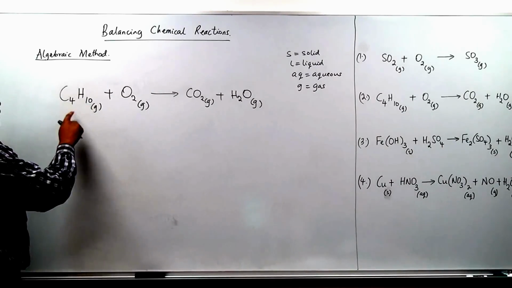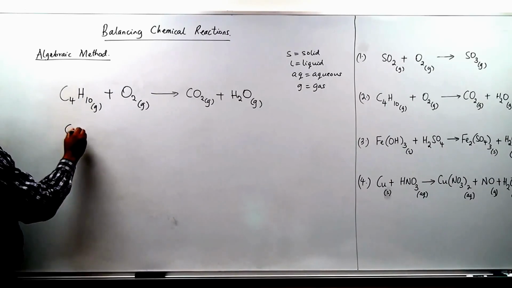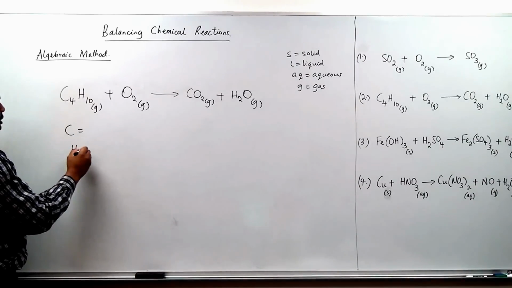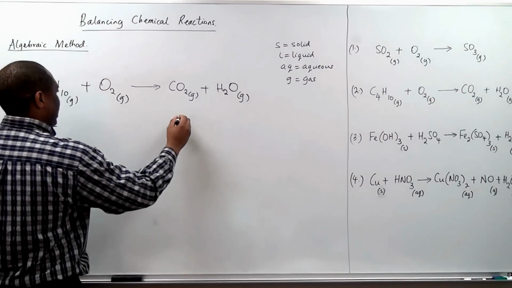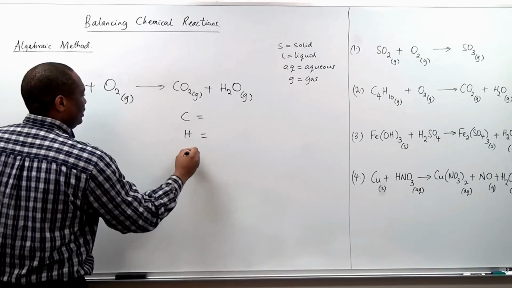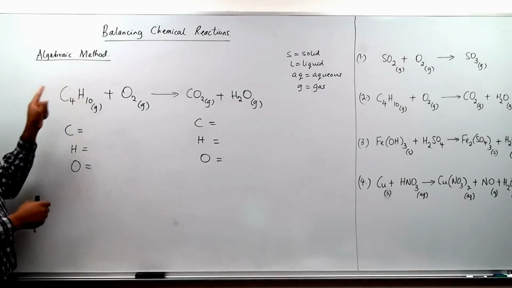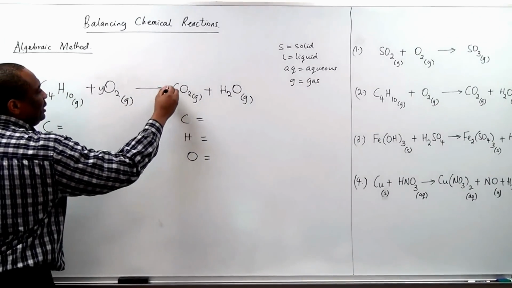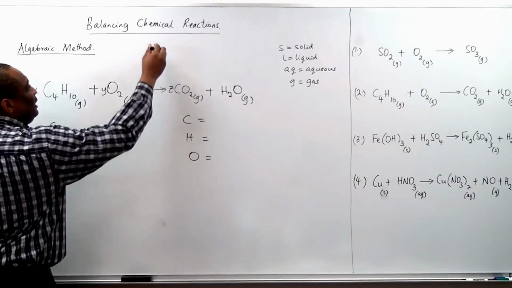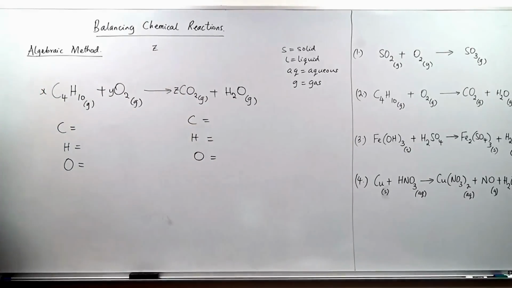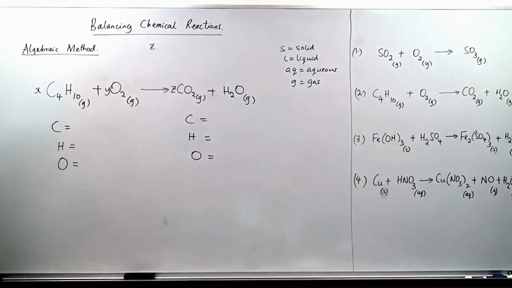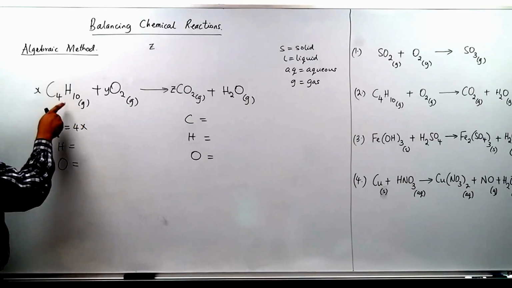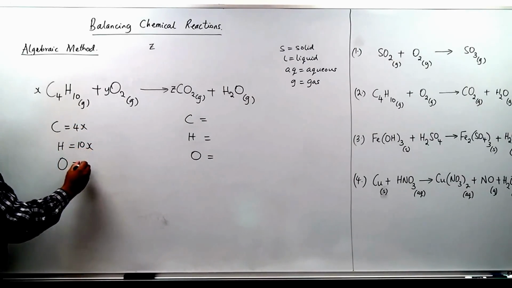Okay, so let's go ahead and try to balance this. We find by inspection we have carbon, hydrogen, and oxygen, and the same way we write it here, carbon, hydrogen, and oxygen. Okay, we place our variables. We can place x, y, and then z. Now this is my z. You don't place any variable here. So C here is 4x, H is 10x, and O is 2y.